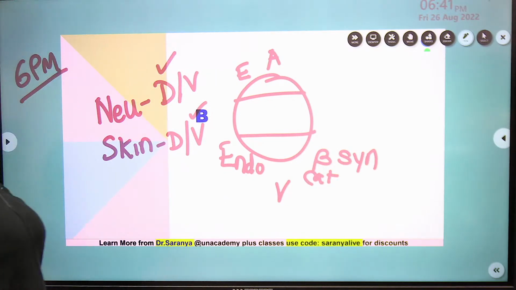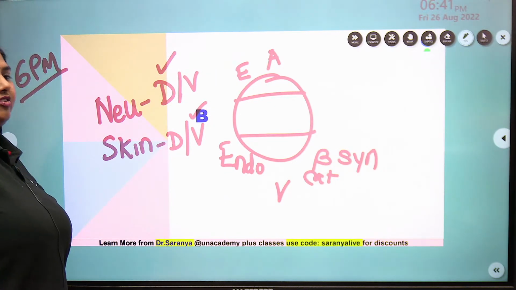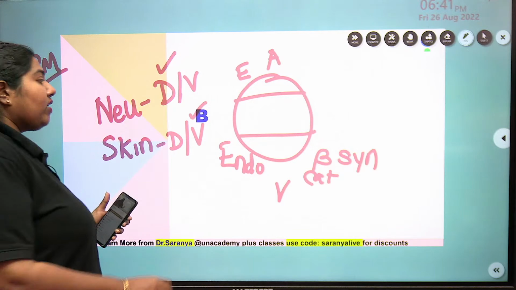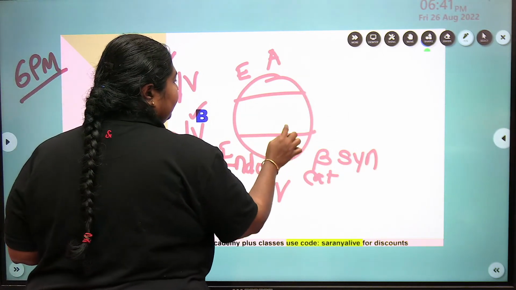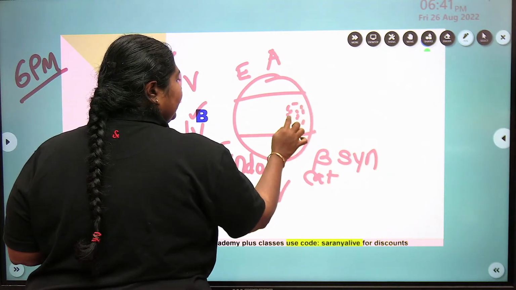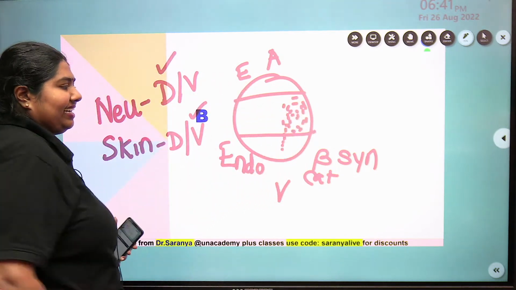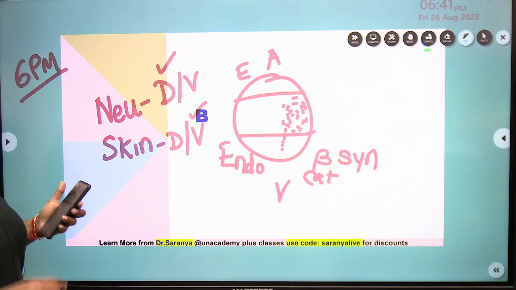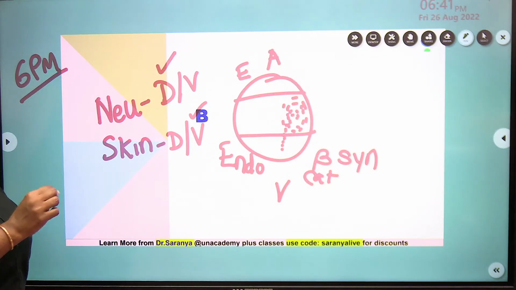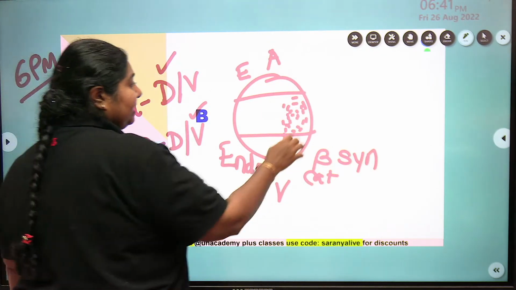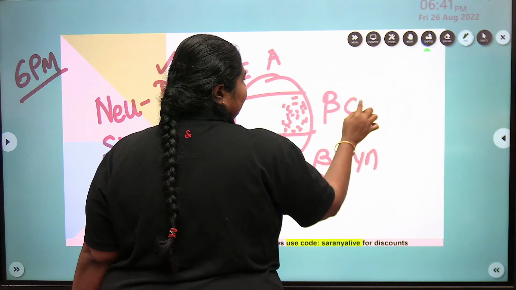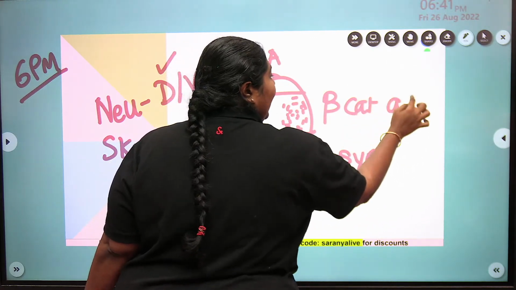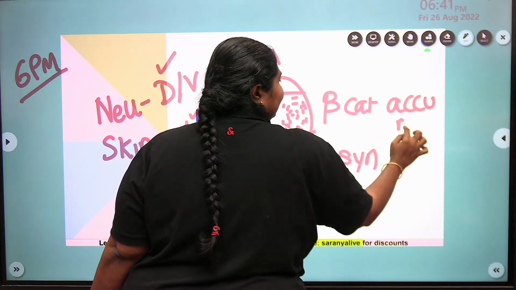In the endoderm. Okay, right, fine, very good. Yes, Tasneem. So after synthesis, it is going to get accumulated somewhere. Okay, site of synthesis, it is in the endoderm, but your beta catenin is going to be accumulated.